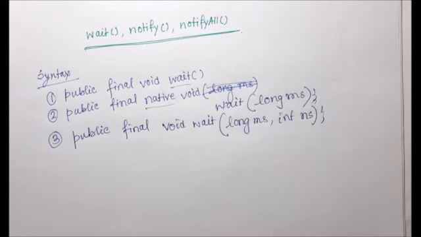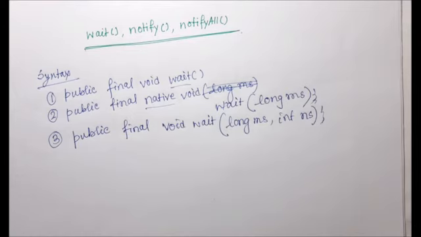And we know that whenever a thread calls the wait method and goes to the waiting state, it will immediately release the lock. It may also happen that a thread in the waiting state is interrupted by some other thread.